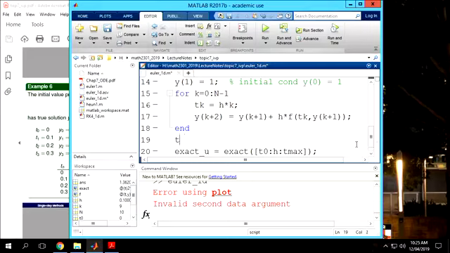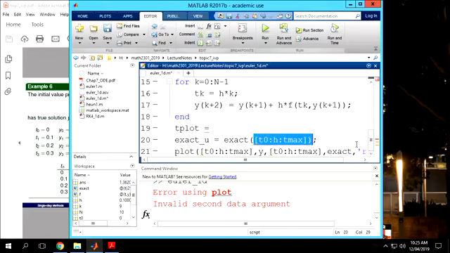Because we define exact to be a function, we have to evaluate the data first before we plot it.